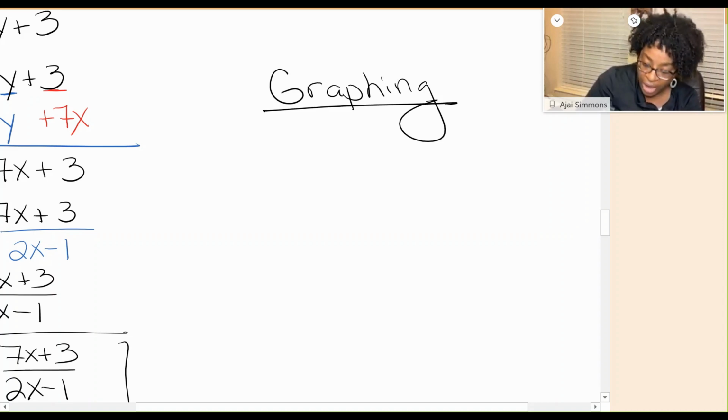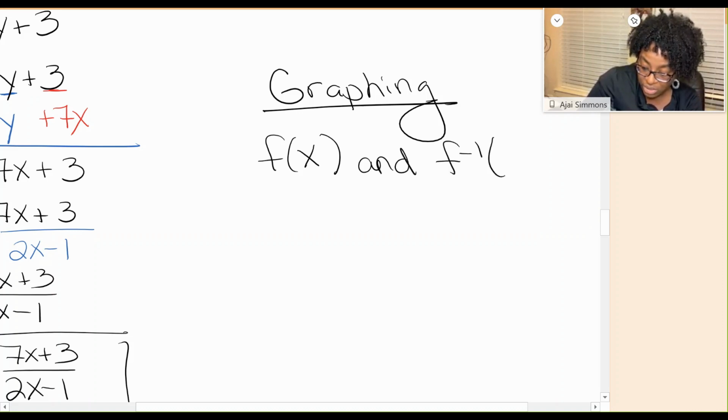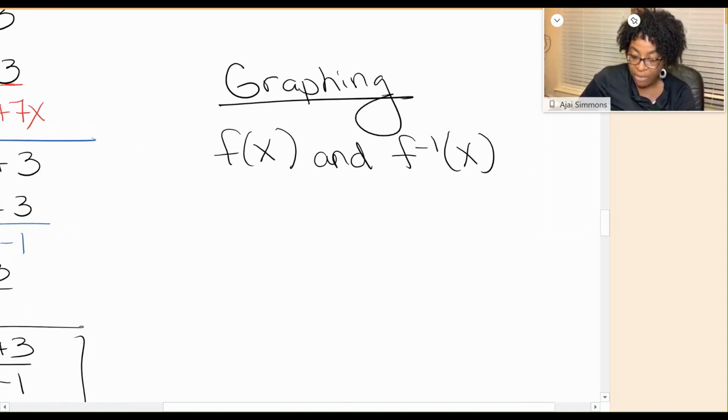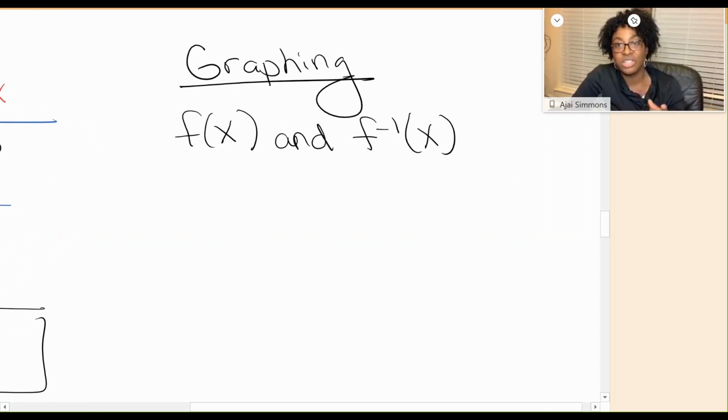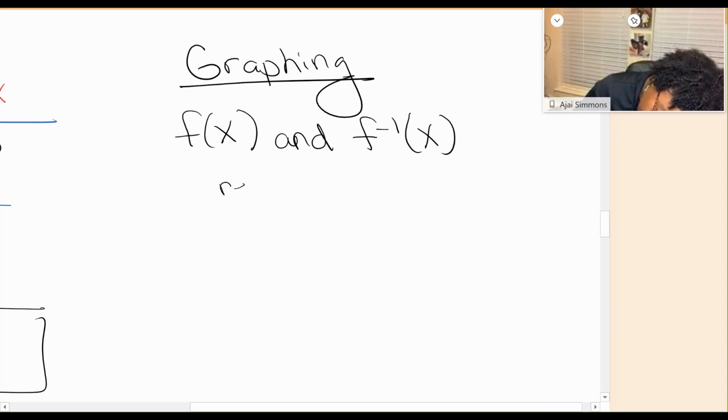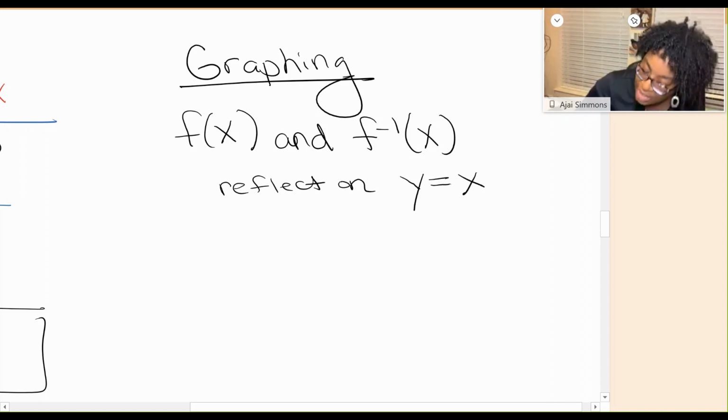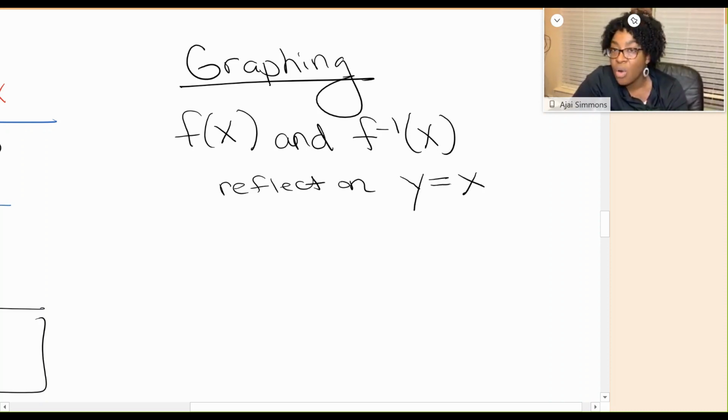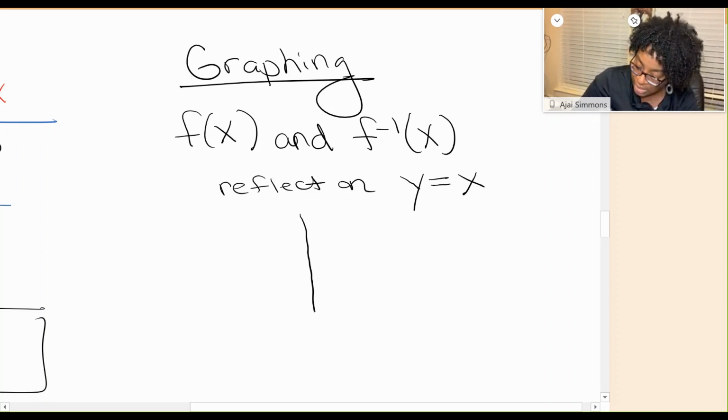If you were to graph f of x and its inverse, a function and the inverse of that same function, the unique thing about graphing those two things is that it's going to reflect on the y equals x line. It's always going to reflect on the y equals x line.